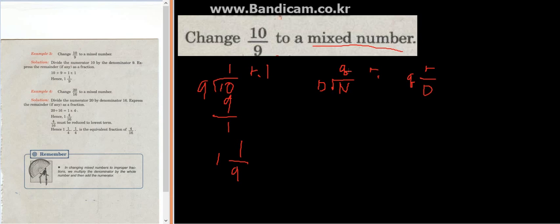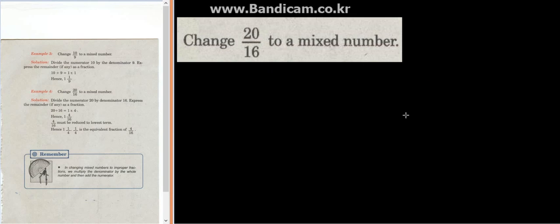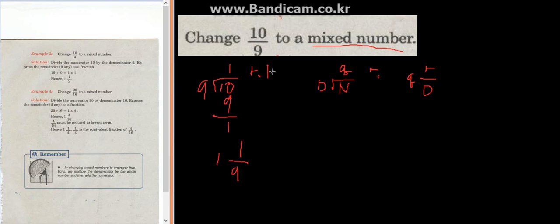Based on this, I'm going to solve the next problem. First, I'm going to copy and paste it here. Before I go to the next question, I'm going to first do this. The quotient is 1, so you put down the quotient 1 here.